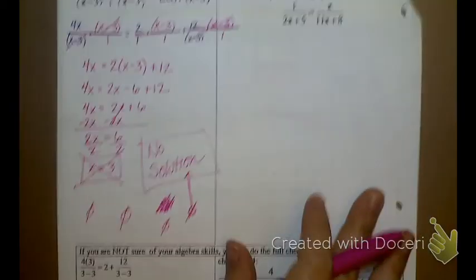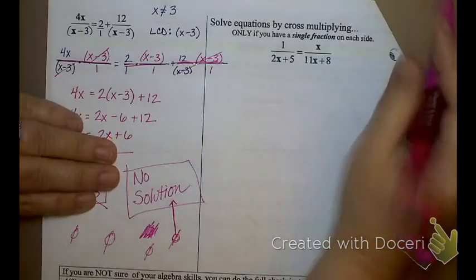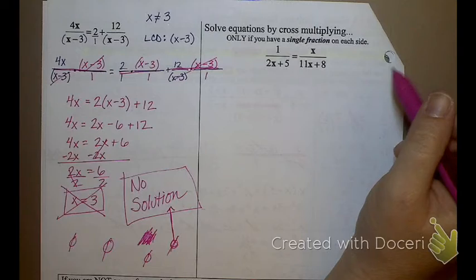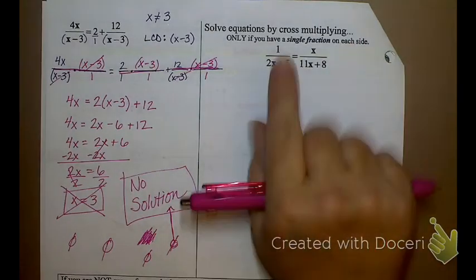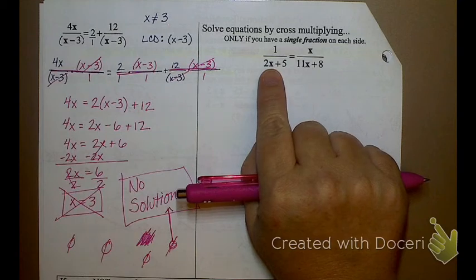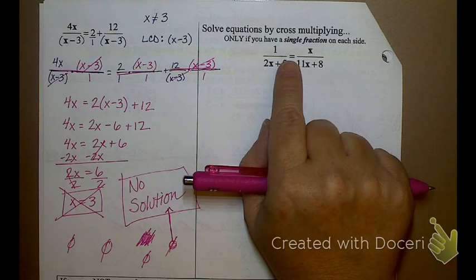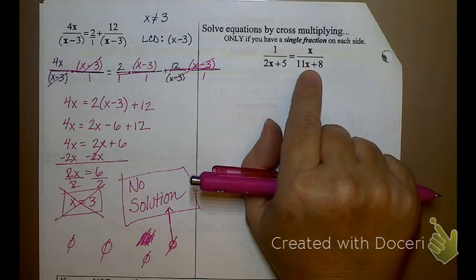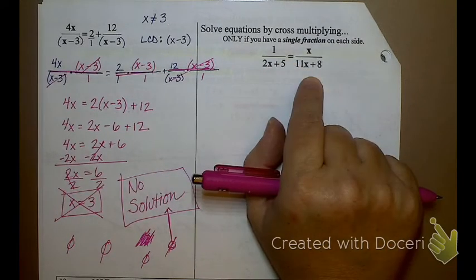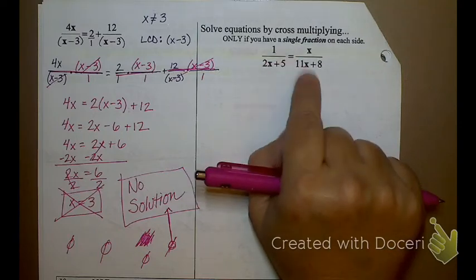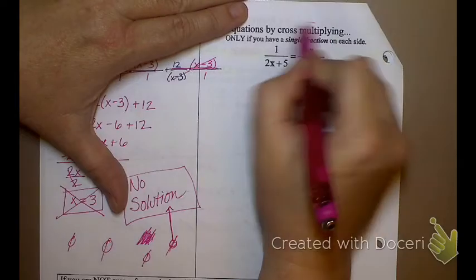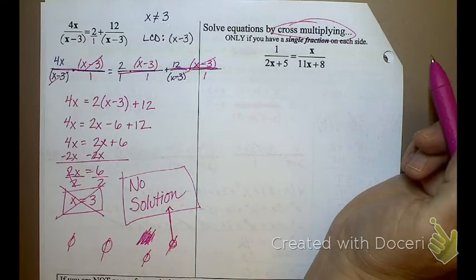Okay? All right. Now, the way you learned to solve equations like this a long time ago was a little bit different because you would have been given an equation in a slightly different form. This one is easier. It is fraction equals fraction. Only if you have it in the form fraction equals fraction, you can use the shortcut of cross multiplying.